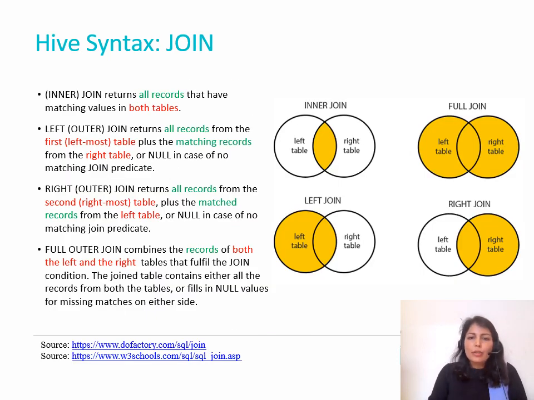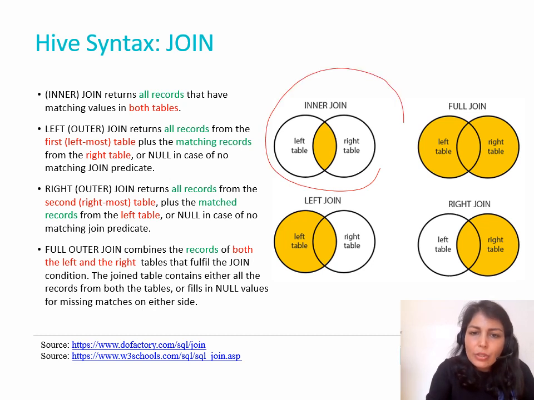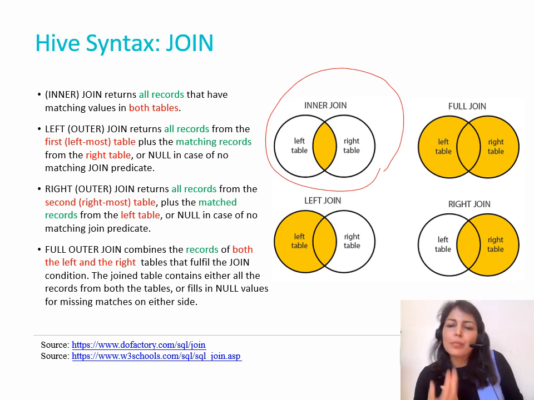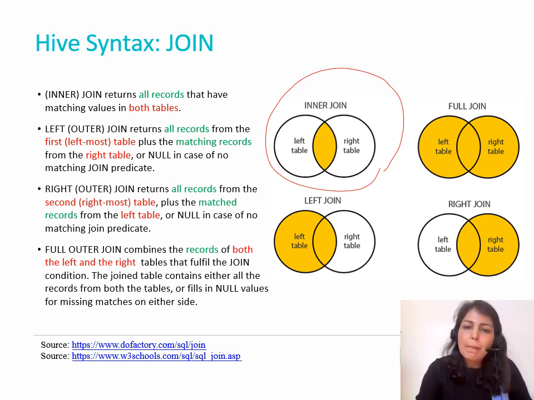Okay, inner join. As you can see in the picture, this is one table. We are explaining the concepts for 2 tables, but it can be more than 2. Inner join returns all records which have the matching value in both tables. This is the inner join.